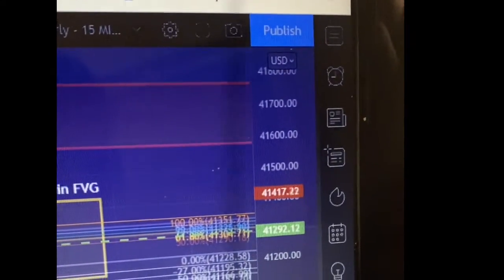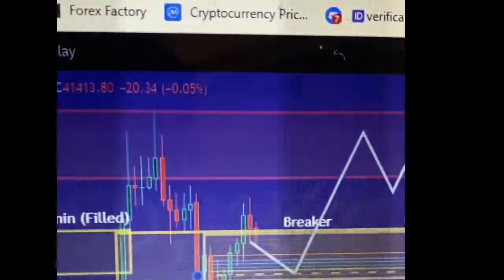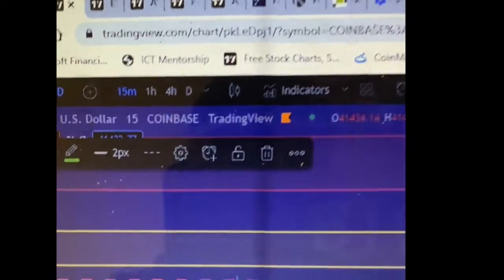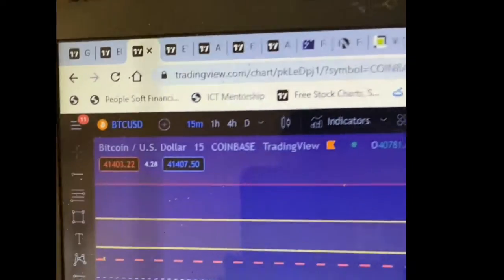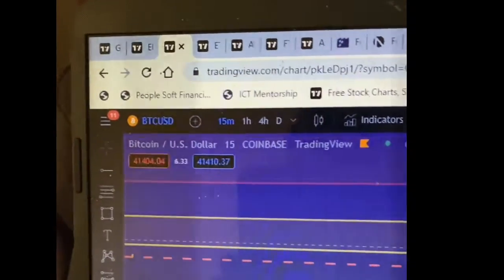Currently we're at about 41,413, right? As you can see, it did run up above those equal highs that I was talking about yesterday. If you watched my video from yesterday, I was talking about these equal highs that it wanted to run.